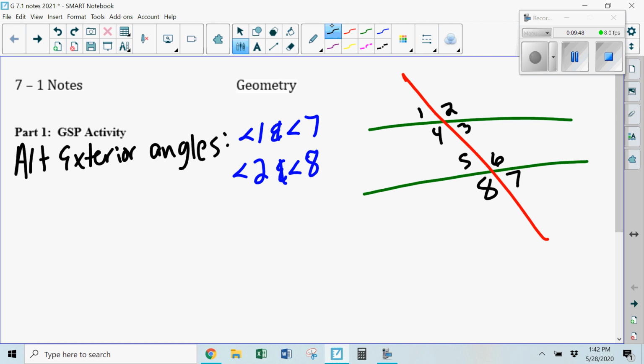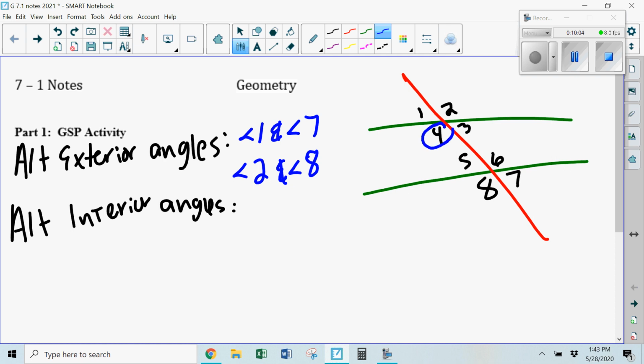Okay, the next pair, let's go with alternate interior. Look on the inside, pick any angle on the inside you want. Let's say I start with 4. What is alternate interior with 4? Alternating sides, so on this side of the red line, also on the inside, 6.